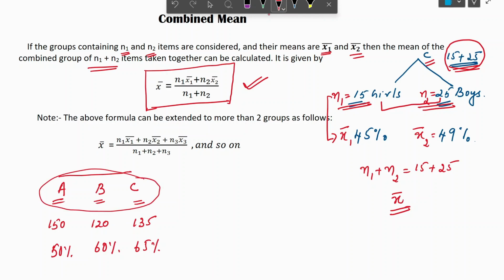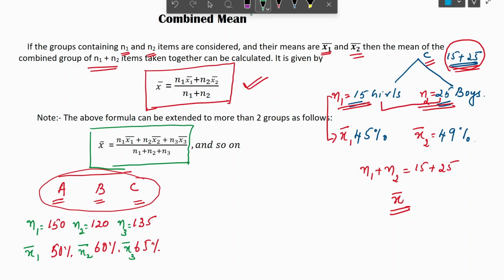In that case, what we are going to do is first take N1 150, N2 120 and N3 135. Correspondingly, these are x1 bar, x2 bar and x3 bar. Then our formula changes into this format: N1 x1 bar plus N2 x2 bar plus N3 x3 bar divided by N1 plus N2 plus N3.